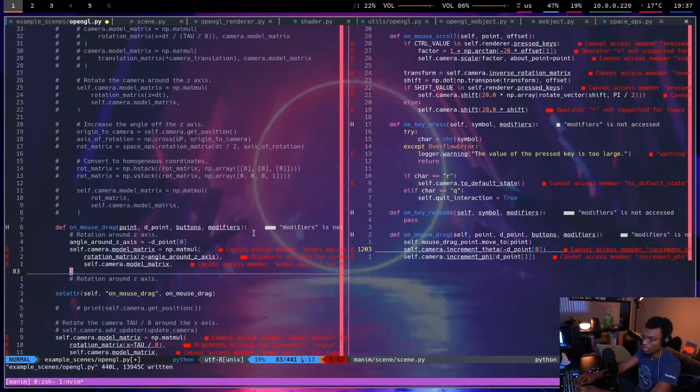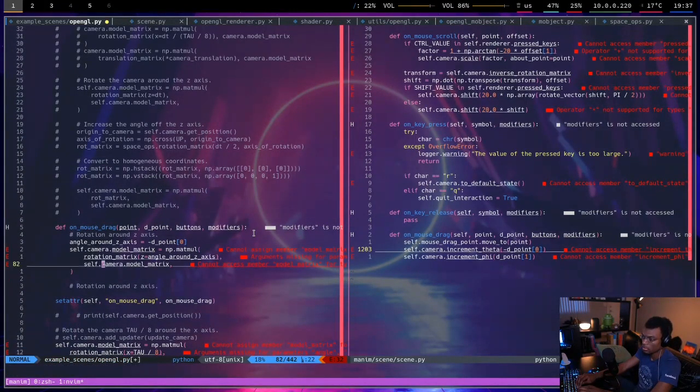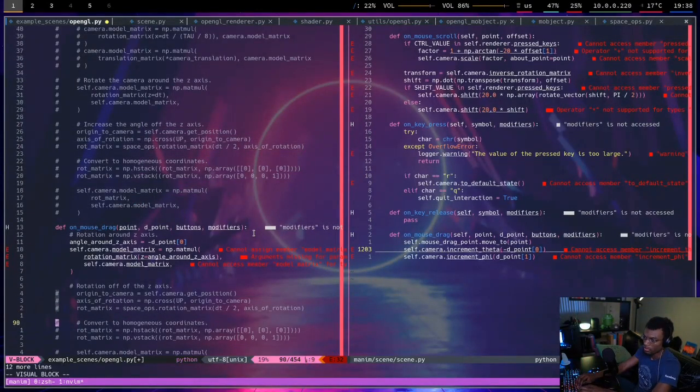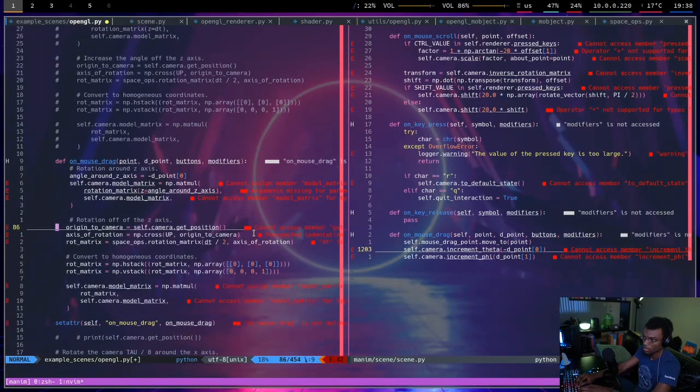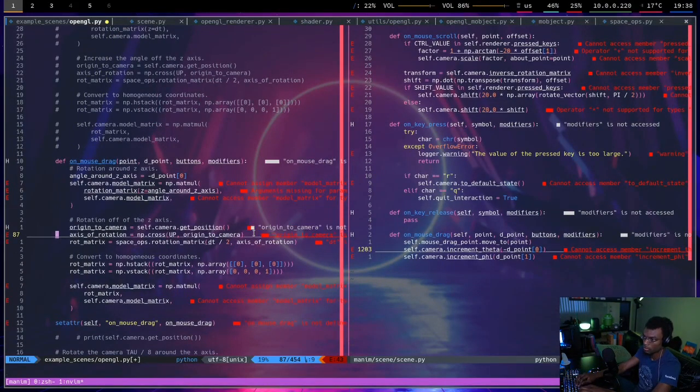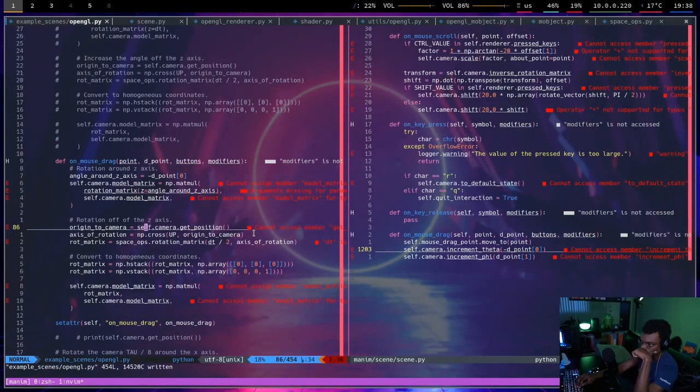Then there's the rotation off the z-axis. This I have less faith in, but we're gonna see. Origin to camera. So I'm getting the origin to camera, find the axis of rotation by crossing the z-axis with that vector.